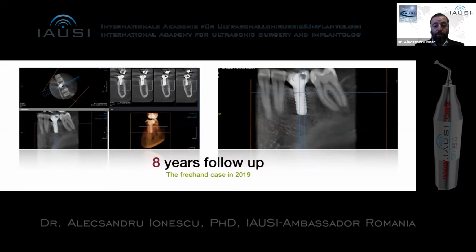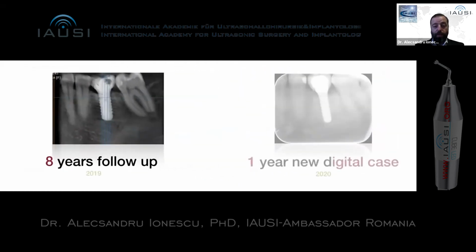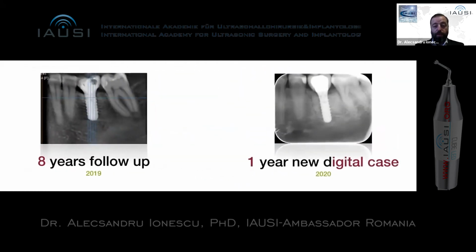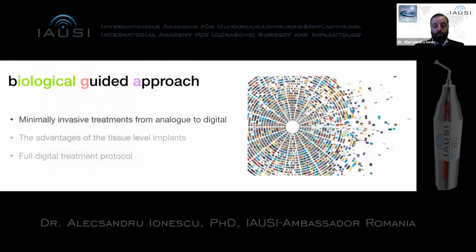And if the BIOS is not, let's say after at least 6 months, it can be a little bit softer than the native bone, and then the drill can slip into the old alveolus, and then you cannot have the right position. While when using the digital concept, you can just go correctly in the right position. But this is how we did it 8 years ago, and this is how we do it now with the digital world.